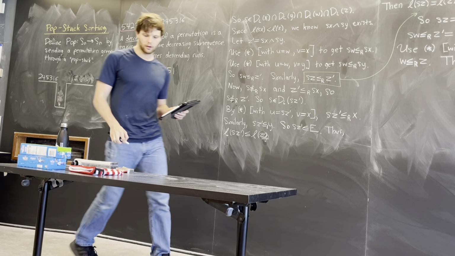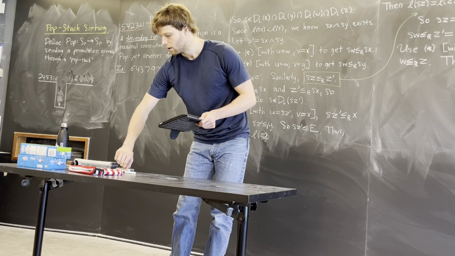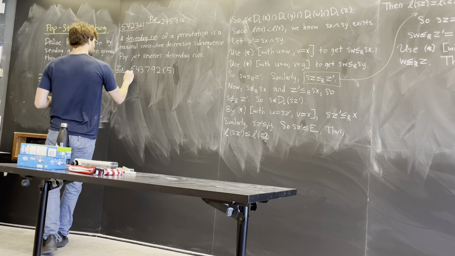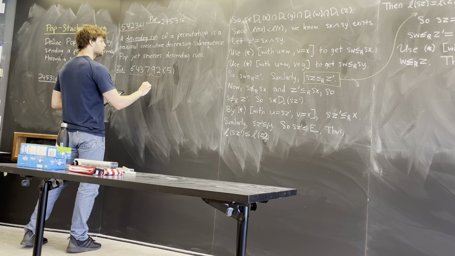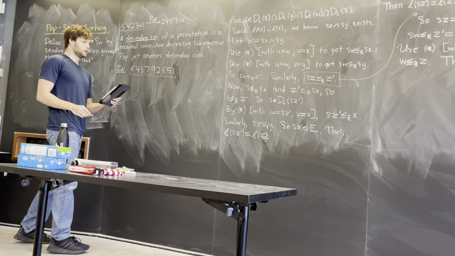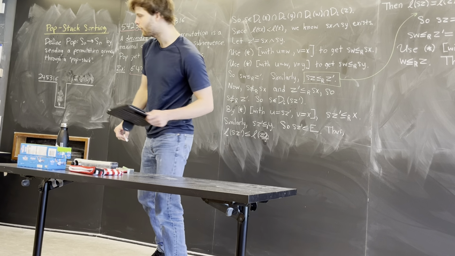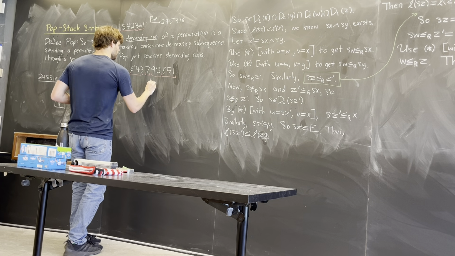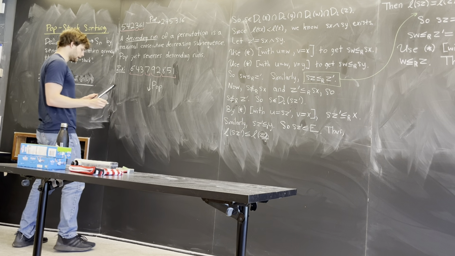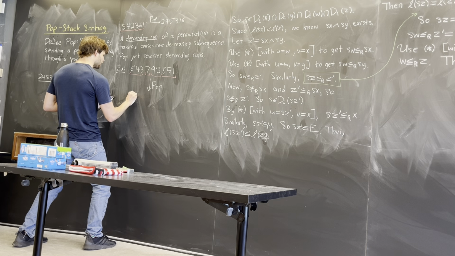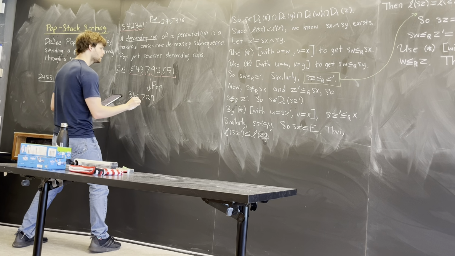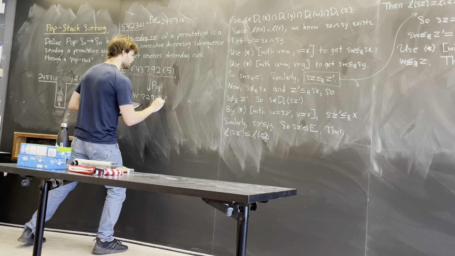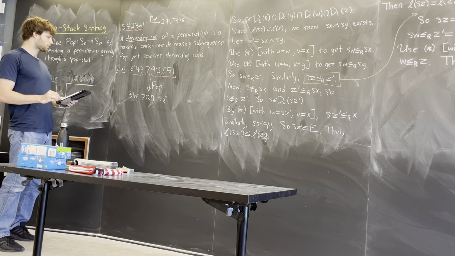Then the descending runs are 6, 4, 3, 7, 9, 2, and 8, 5, 1. So pop just reverses these, and I get 3, 4, 6, 7, 2, 9, 1, 5, 8. Okay.